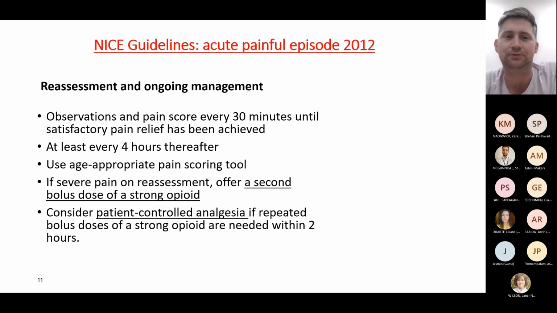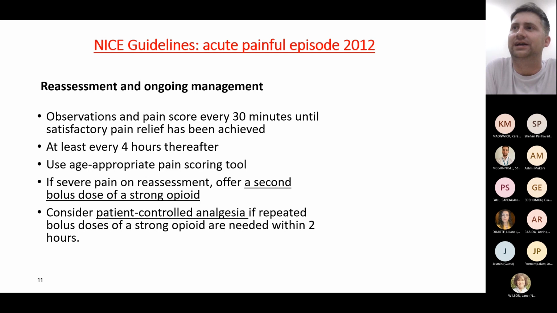We need to use an age-appropriate pain scoring tool. So in adults, quite commonly, they'll use the 1 to 10 or 0 to 10 pain score. Some hospitals like UCLH, we do 0 to 4, 4 being the worst pain ever, 0 being nothing. But for the younger patients, we need to be mindful of what their developmental age is and how they can interpret it.